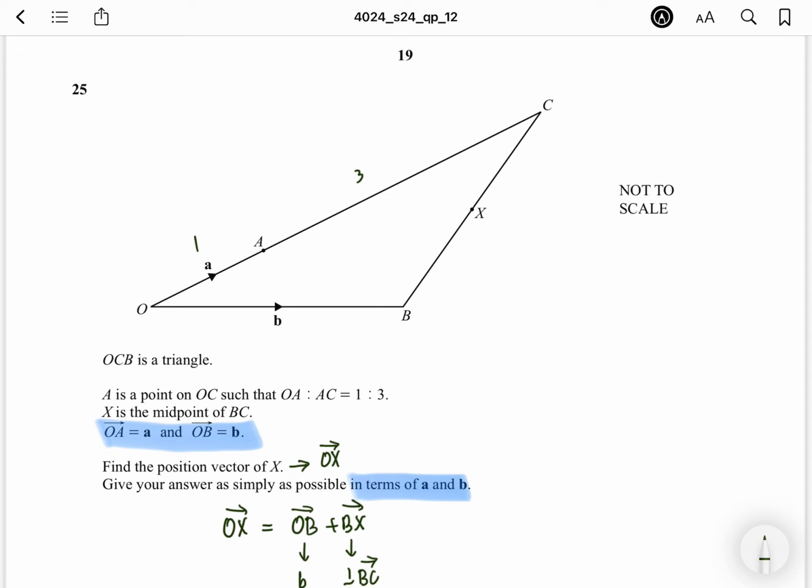Because this is 3, and this is 1: 1, 2, 3. So OC is 4A.